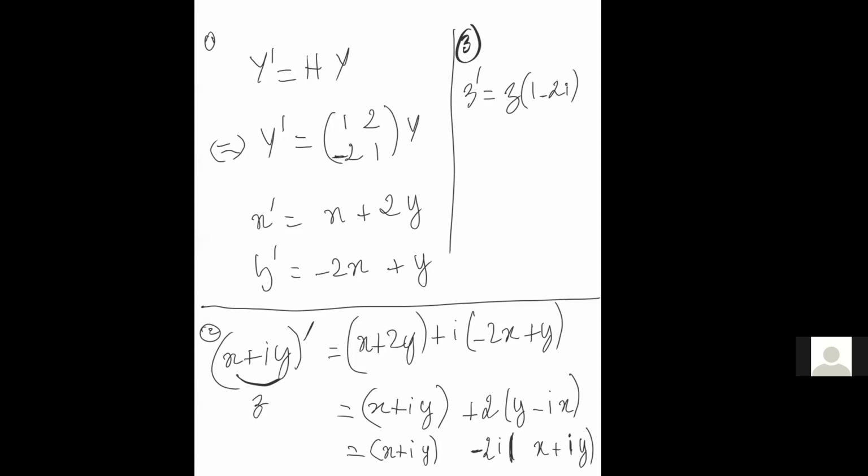And this I know the solution is z of t equals z0 exponential of t times 1 minus 2i. And then with this expression, we can draw the solutions.